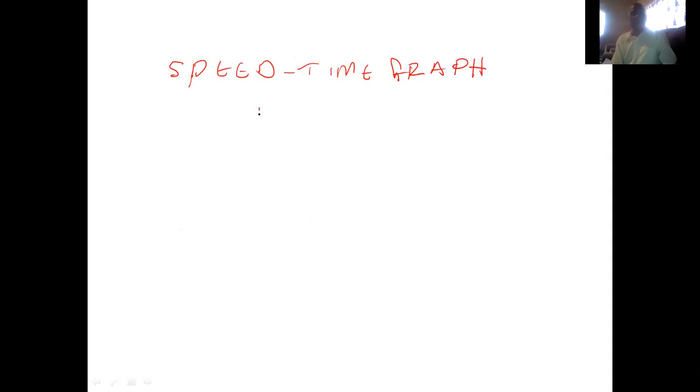So first of all, we are drawing a speed time graph, meaning that in the y-axis we are going to have speed, and we indicate the units, which are meters per second.